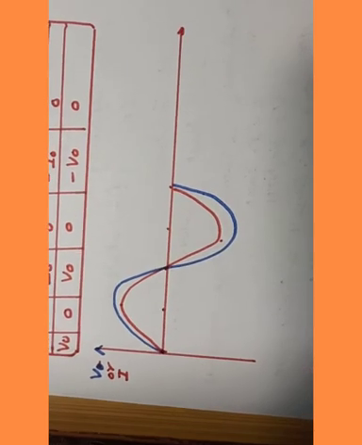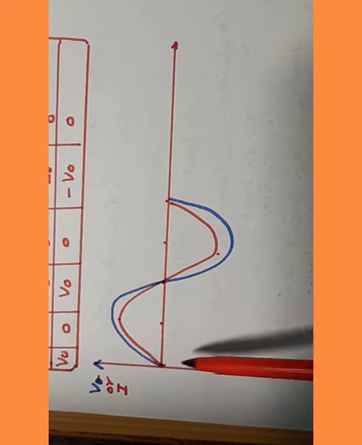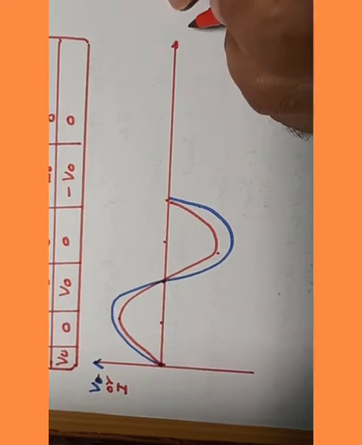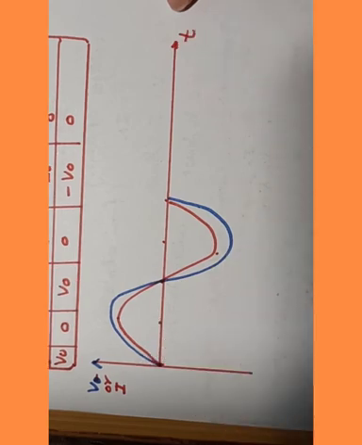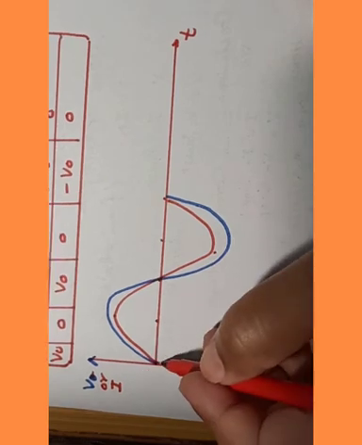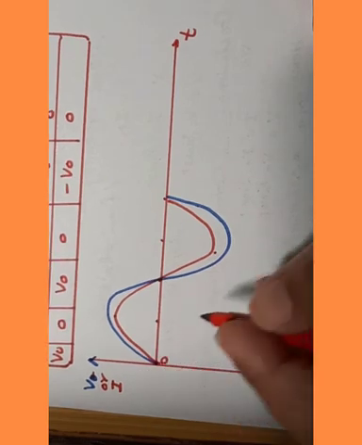Graphically, you can see it here. When you make a graph of time versus voltage or current, I have shown current by the red line and voltage as the blue line. Then the current varies like this: at t equal to 0, current is 0.